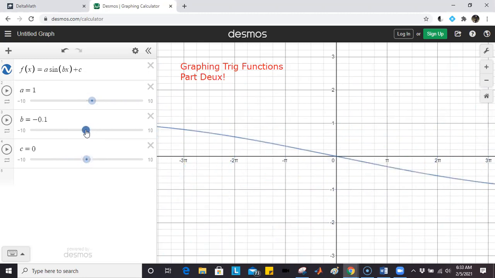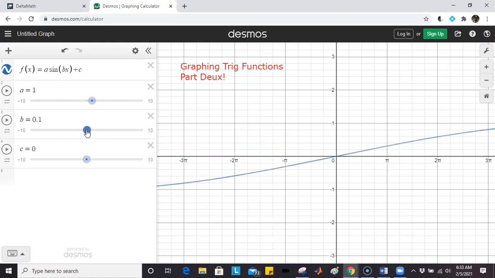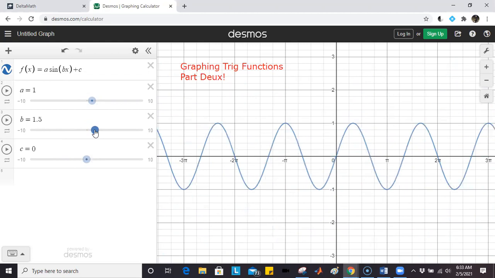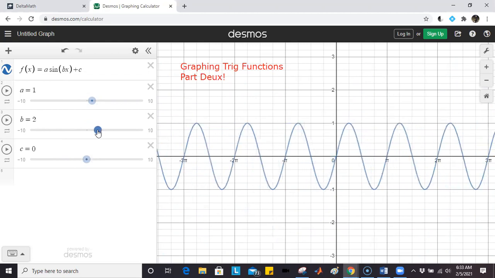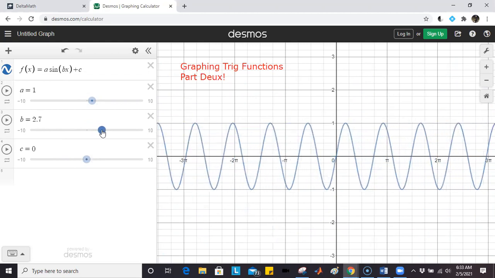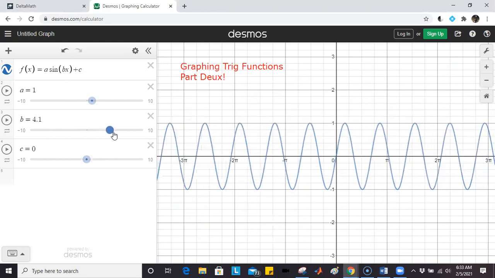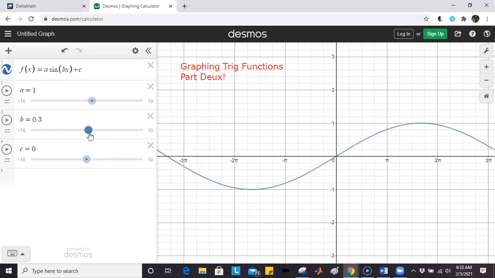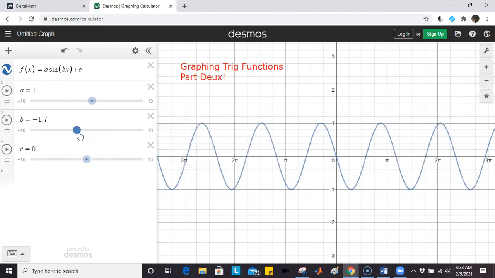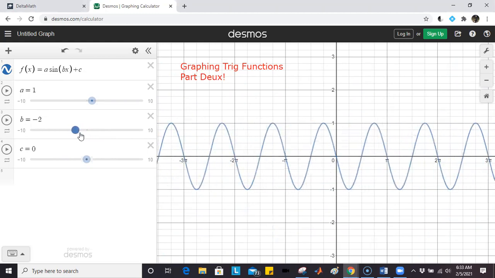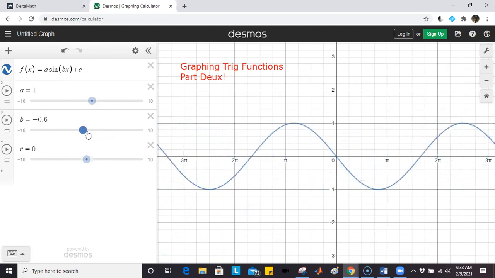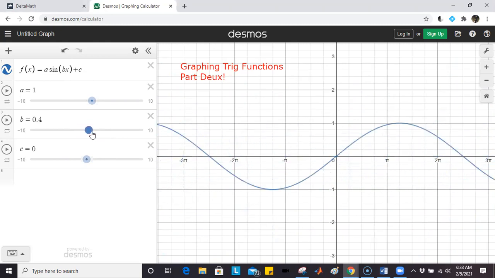And our B changes our frequency of oscillation. So as we saw before, higher and higher values are going to change so that we have more and more oscillations per time. And low numbers of B, like negative numbers of B, see, that had another flip.